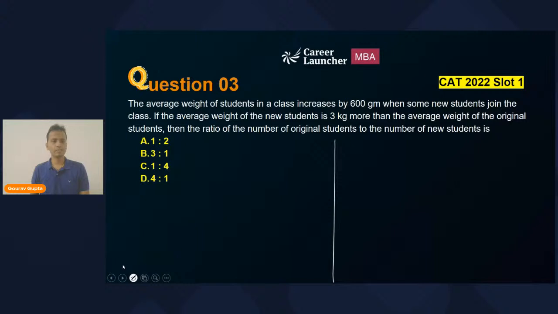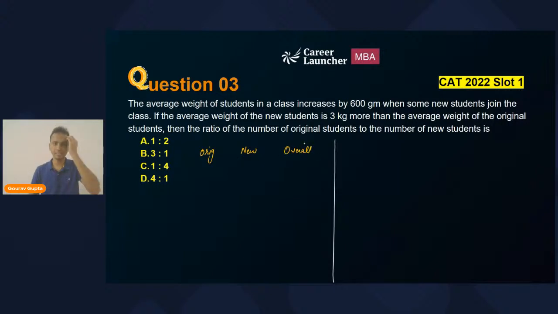Now it says the average weight of the students in a class increases by 600 grams when some new students join the class, if the average weight of the new students is 3 kgs more than the average weight of the original. So we have these three things: original, new students, and overall.